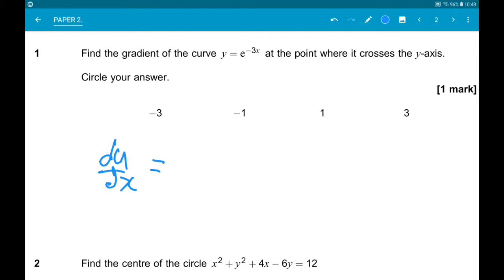So here we're going to get minus 3 e to the minus 3x. Now when x is 0, dy by dx is minus 3e to the 0, which is just minus 3.